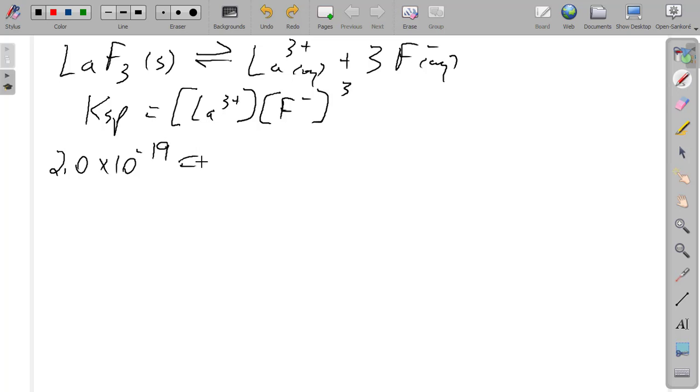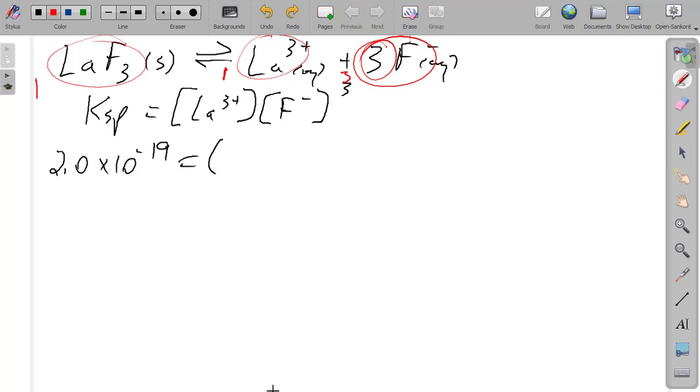Well, here's where we invoke algebra again. By the way, let's redo our relationships here: the lanthanum 3-fluoride is taken to be 1 because that's the formula of the salt itself. The lanthanum is 1-to-1 with that lanthanum 3-fluoride, but the fluoride is 3-to-1. So make sure you remember this in the calculation.